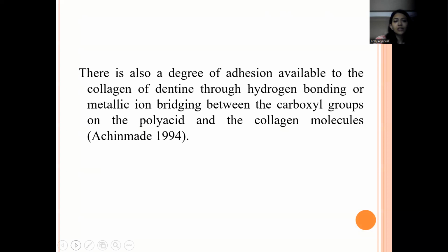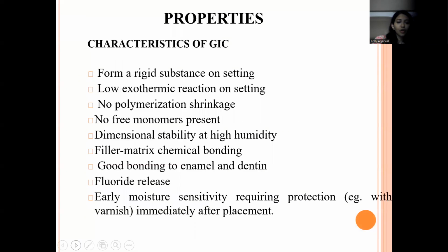And additionally, there's bonding to the collagen of dentine through hydrogen bonding or metallic ion bridging between the carboxyl groups on the polyacid and the collagen molecules. So not only chemical adhesion, it also has some amount of hydrogen bonding together, so that we can now go to the characteristics of glass ionomer cement.